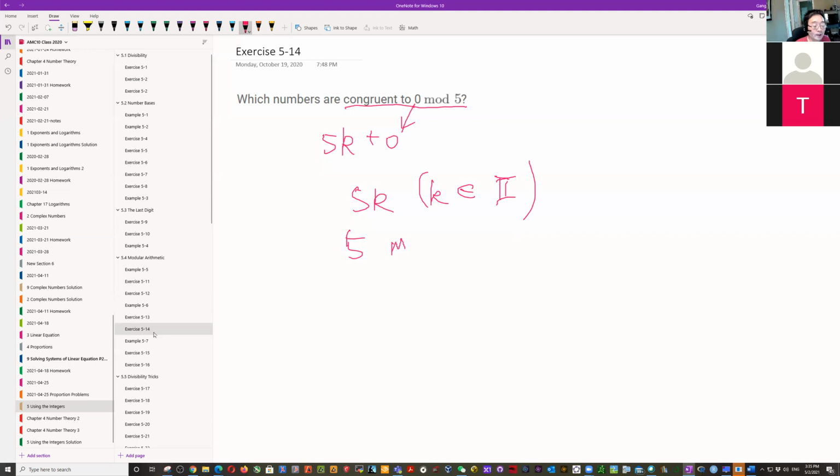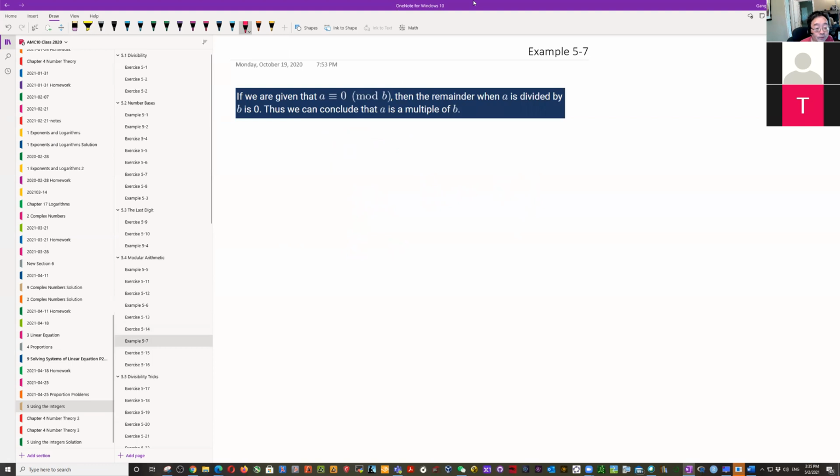So this actually is a key property. If a number is congruent to 0 mod any number, basically it's just any multiple. For example, if we are given A is congruent to 0 mod B, then A is equal to kB.